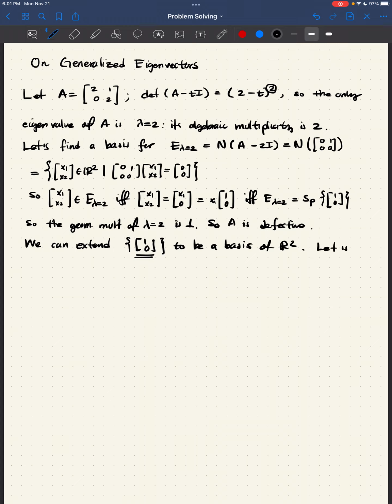Let's find a vector W in R2 such that A minus 2 times the identity times W is equal to V.